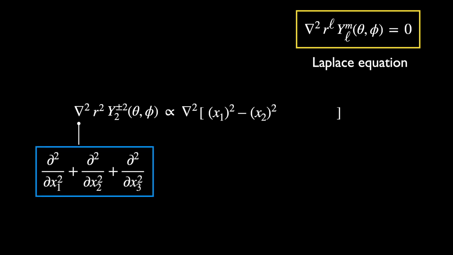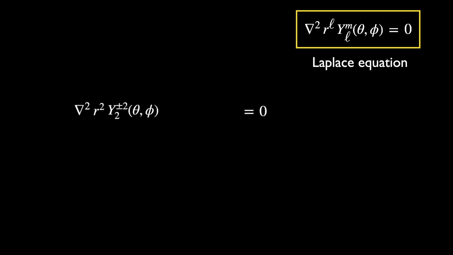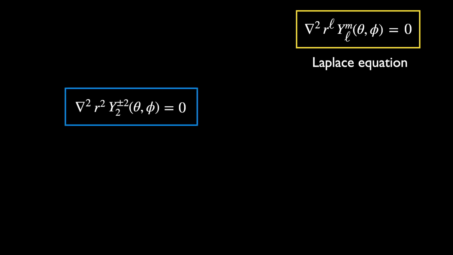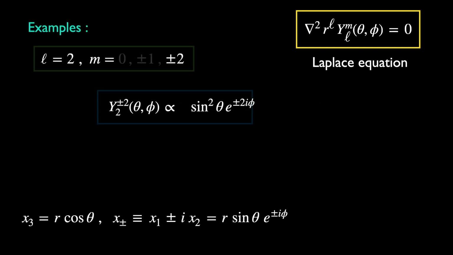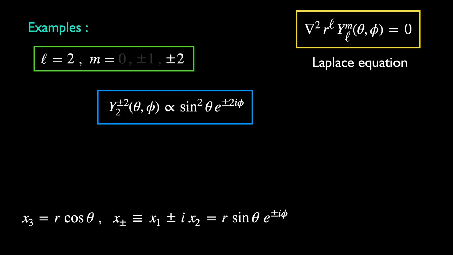The remaining two terms cancel each other. Thus this satisfies the Laplace equation. Therefore this is the solution Y2 plus minus 2.